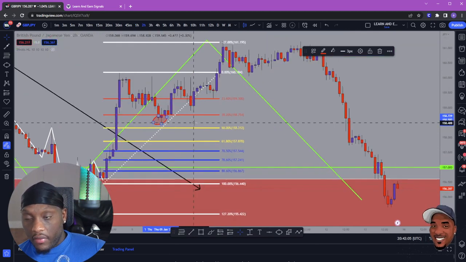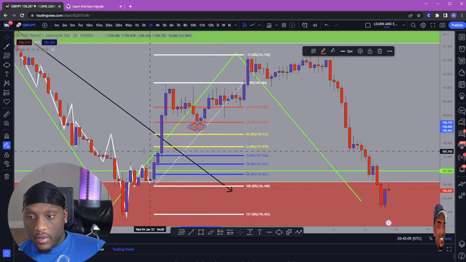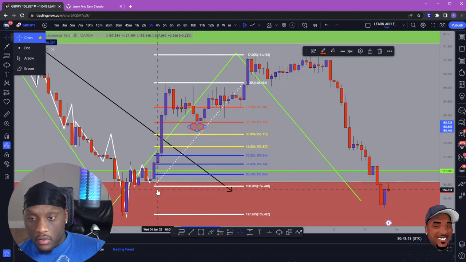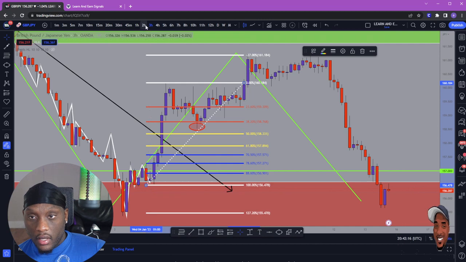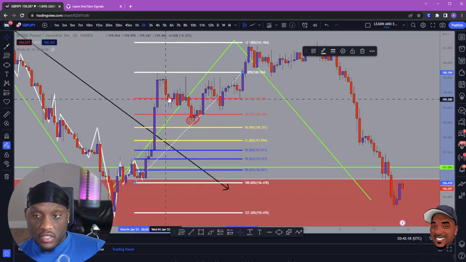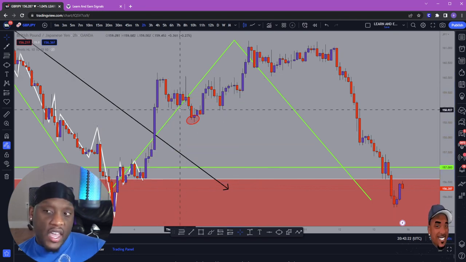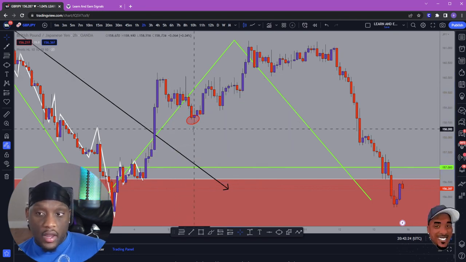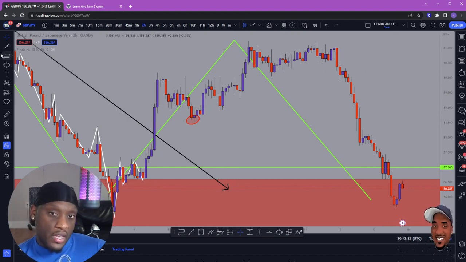If we don't want to look at all of that, we can change the time frame and see where it was last maintained as a 38.2, right? So looking at it from this perspective, I want to say it's the 2 hour. It's a 2 hour that makes the most sense in this scenario, right? Now, what makes a structure is not only higher lows being maintained, but also the higher high that we get from it.